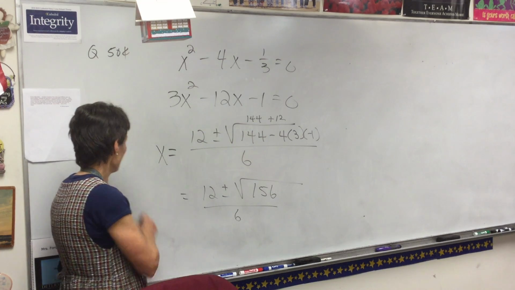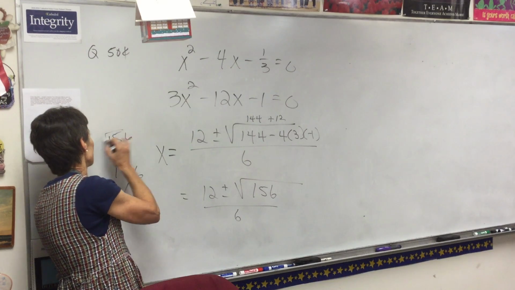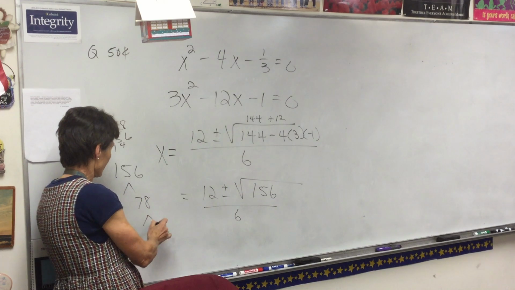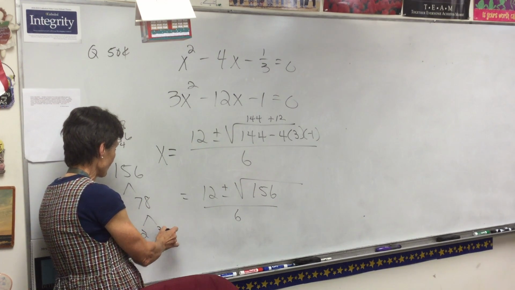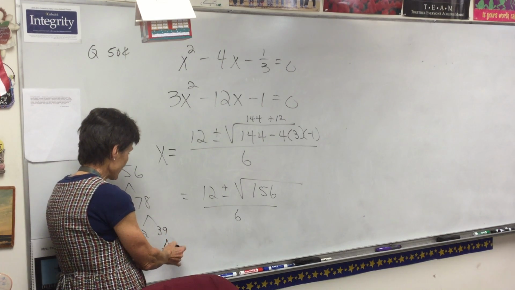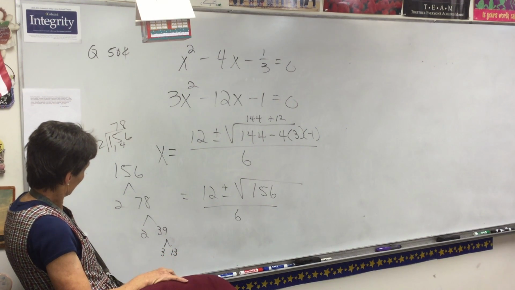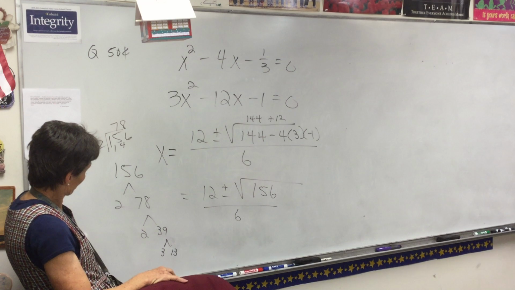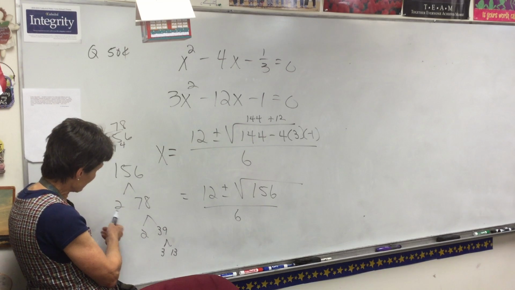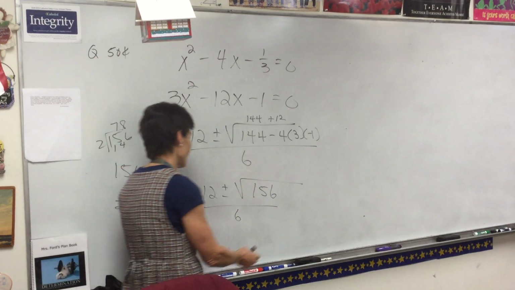We've done this before. 156, I'm sure, breaks down. 2 times 78. And 78 is 2 times 39. And 39 is 3 times 13. Did I do that right? Yeah. So how do I break down 156 then? I got a 2, 2, a 3, and a 13. 2 square root 39.